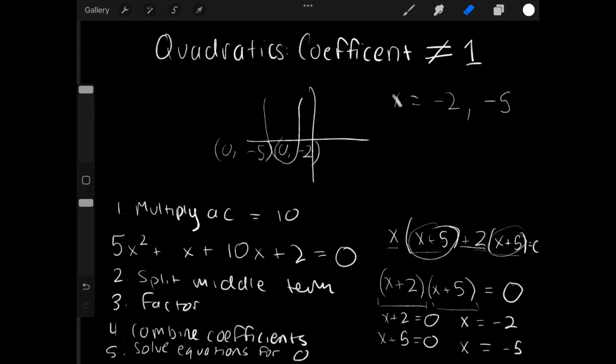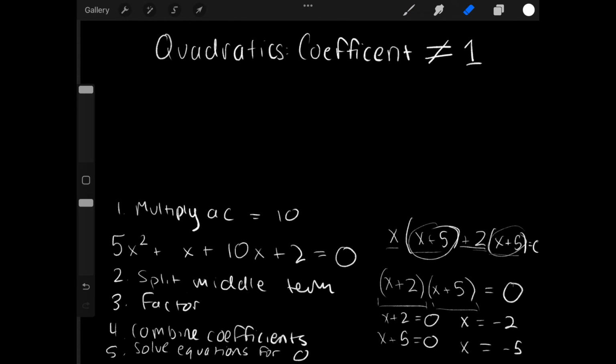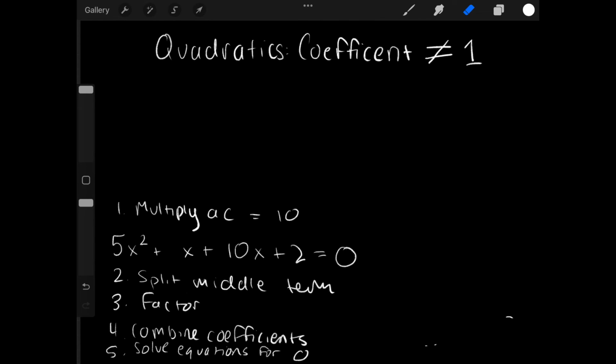So now we're going to do another practice problem, really quickly. And then you guys can go and practice on your own and really strengthen the skill. So our next practice problem is 7x squared minus 13x equals 2. Now you're probably not used to seeing a quadratic equation like this because you don't have a 0 on the right side.